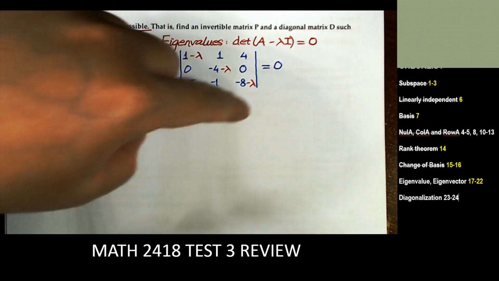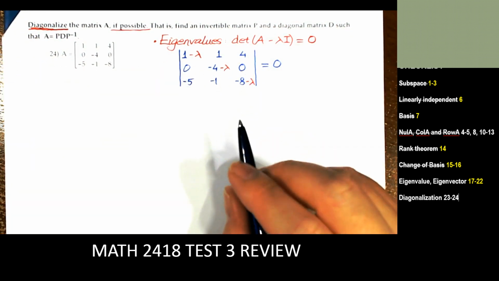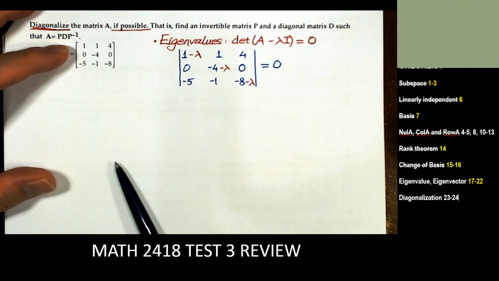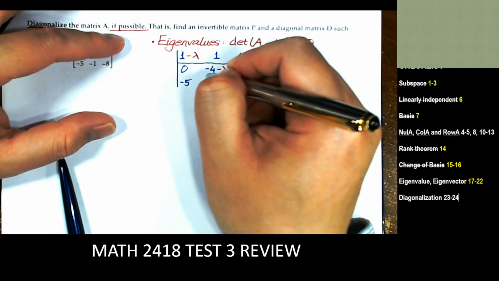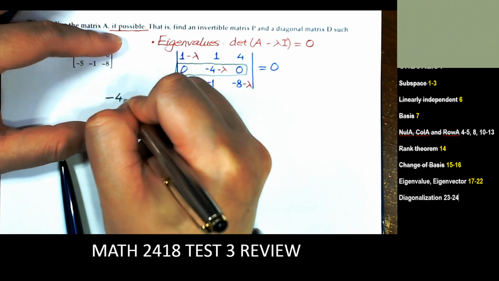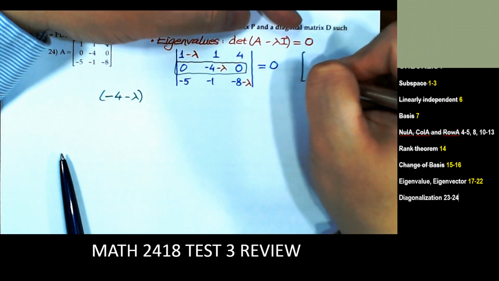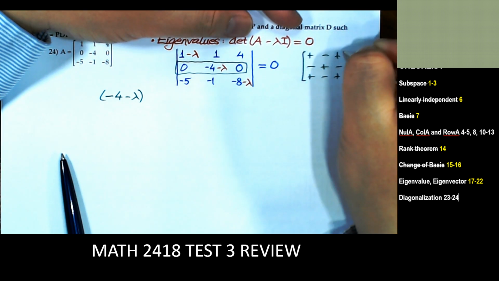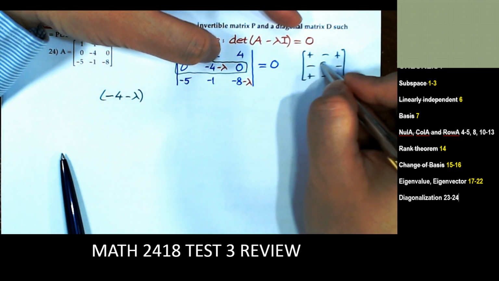Right, a 3 by 3 determinant. This one we will expand along the second row. If we expand along the second row, we're going to have negative 4 negative lambda. Now notice the sign chart: plus, minus, plus, minus, plus, minus, plus, minus, plus. So for 3 by 3, this entry is going to be a plus.